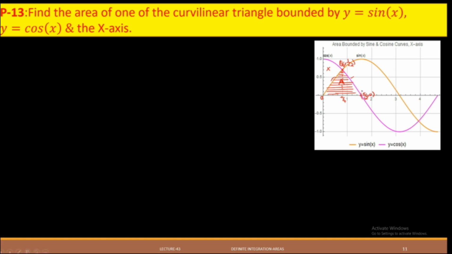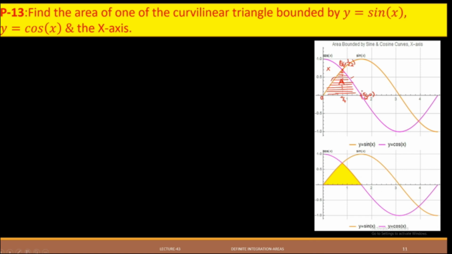Let me show you another picture. So this is the required area that we need to find out. This entire area is splitted into two parts, one is a1 and the other is a2. So a1 is under the curve sin x, and a2 is under the curve cos x.